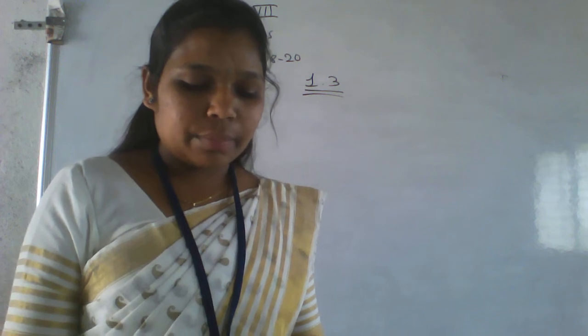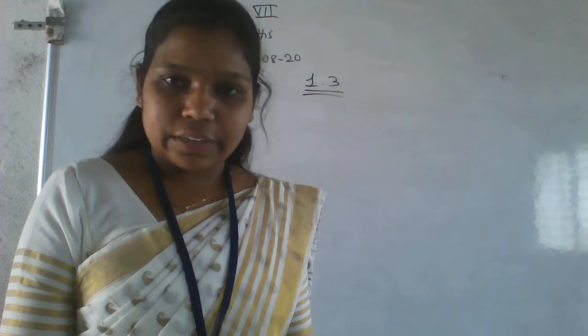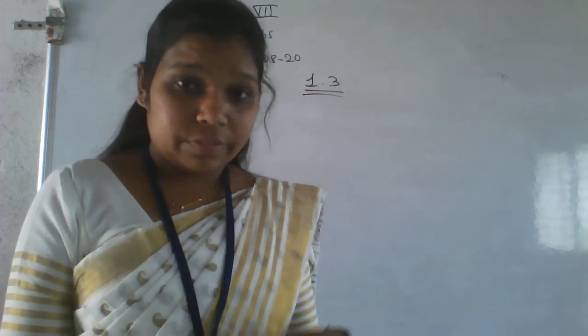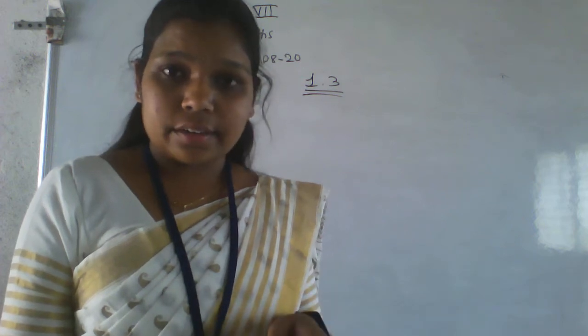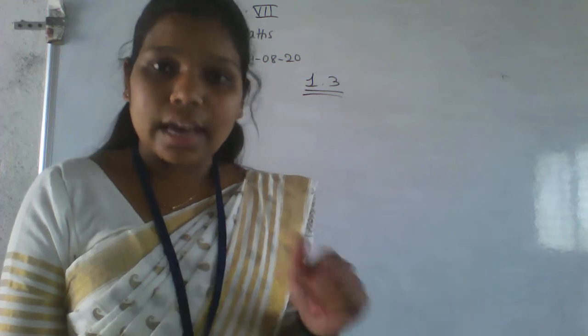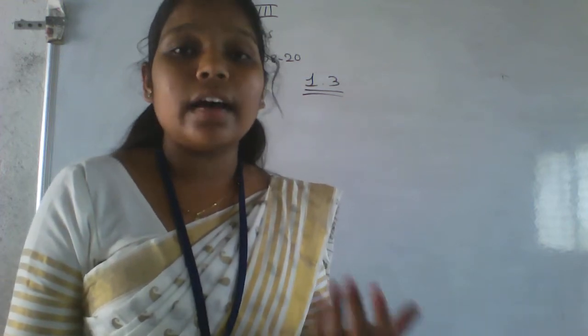Also justify by giving an example. Justify means we have to prove our answer is right. For proving that we have to give examples. So justify your answer by giving an example.